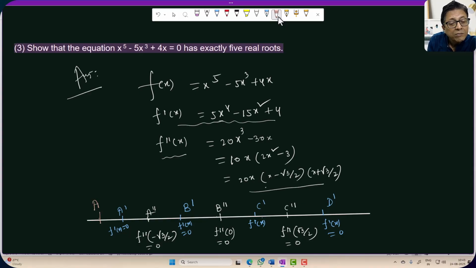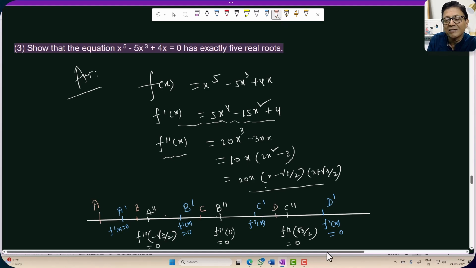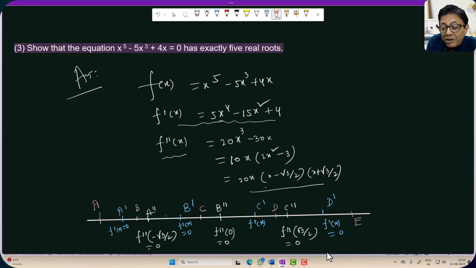One root here. One root will be here, because between two successive zeros of f(x), there is a root of f'(x). This part is A B, this part is C, this part is D, this part is E. Why? Because D and E have a separating root of f'(x) = 0.